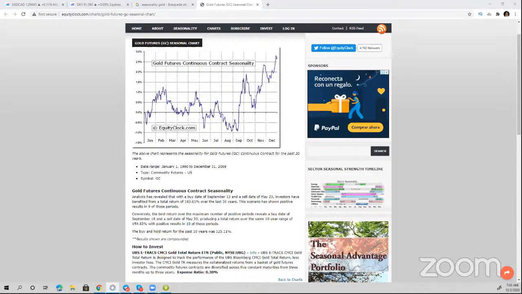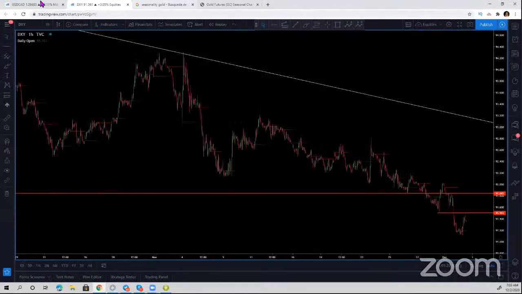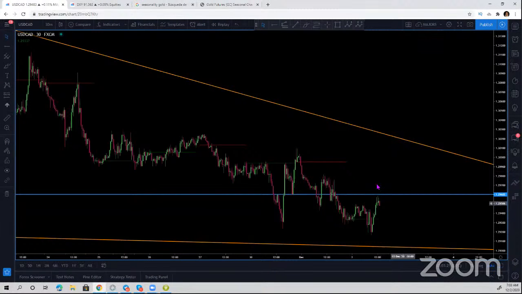Which is a great thing, because right now, let's have a look at this. This is the USD CAD, the rejection to the previous level that I was talking about.